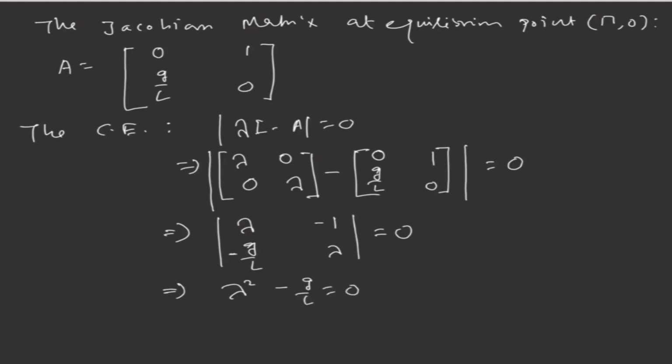And from this, we are having two roots, lambda 1 and lambda 2. We can write plus minus root over g by l.